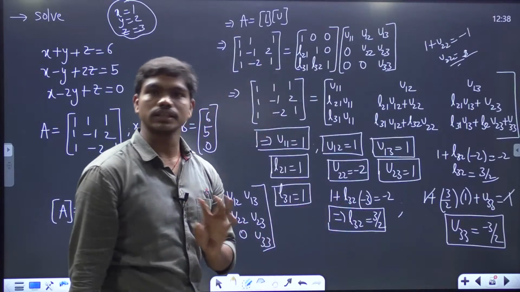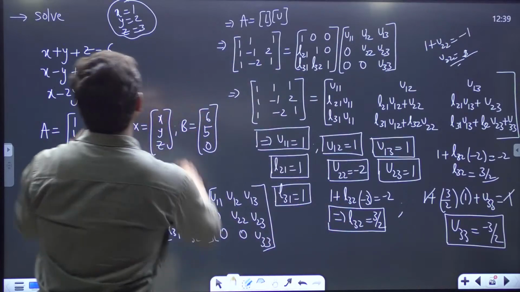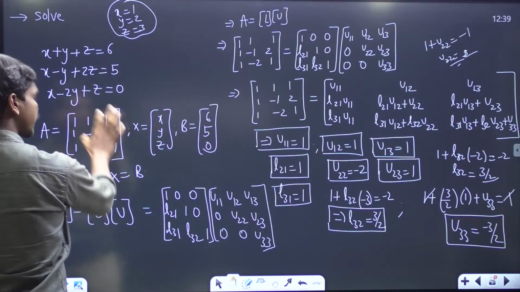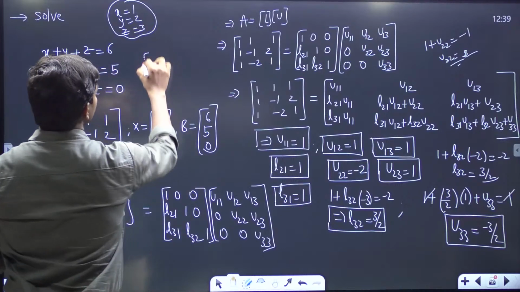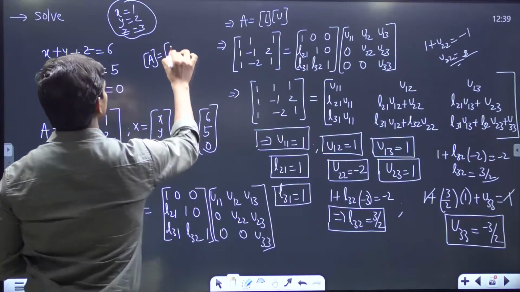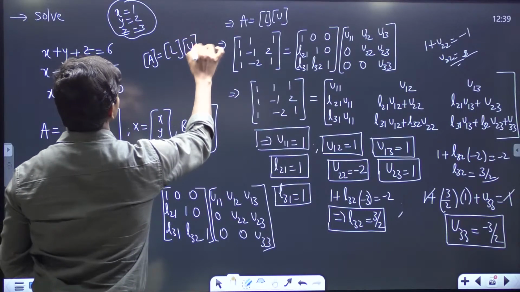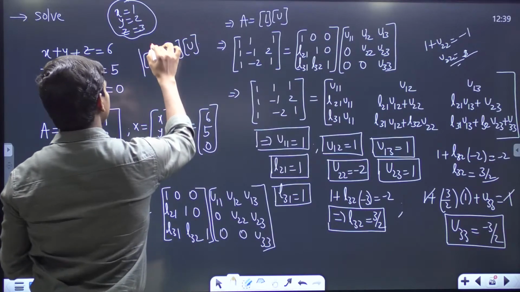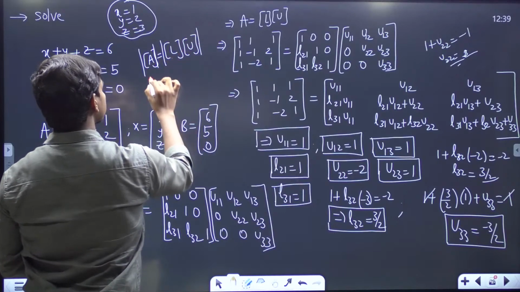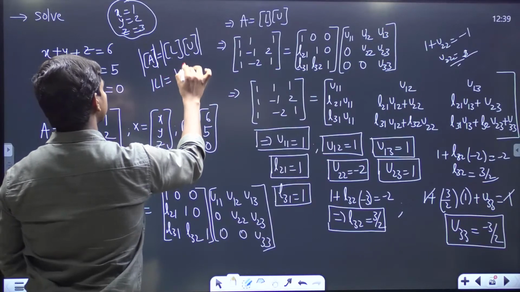LU decomposition may fail sometimes. When? If this determinant, det A, is 0. You are writing A as L into U, correct? And if this is equal to 0, then if these are not 0 matrices, both det L and det U are 0.